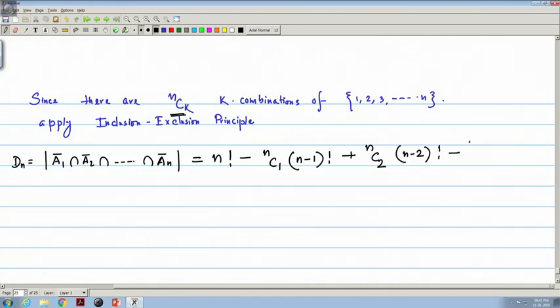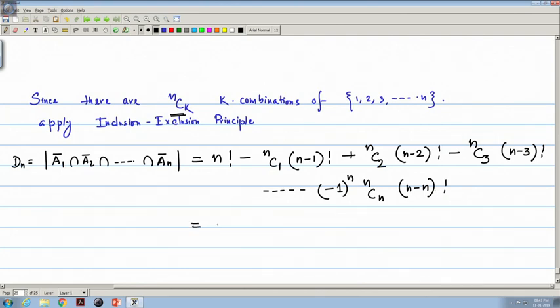Next will be similarly nC3 times n minus 3 factorial, and if I go that way, then for the last term, minus 1 to the power n, nC n times n minus n factorial.